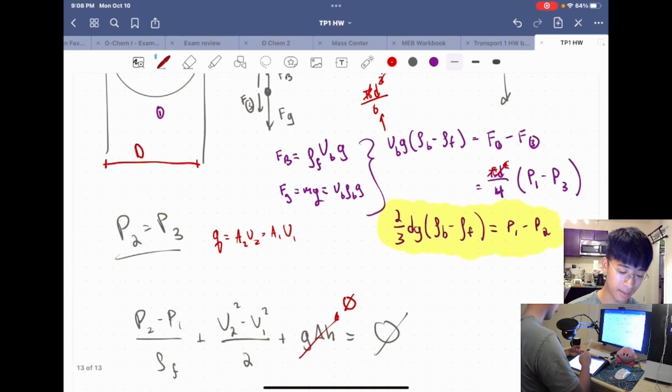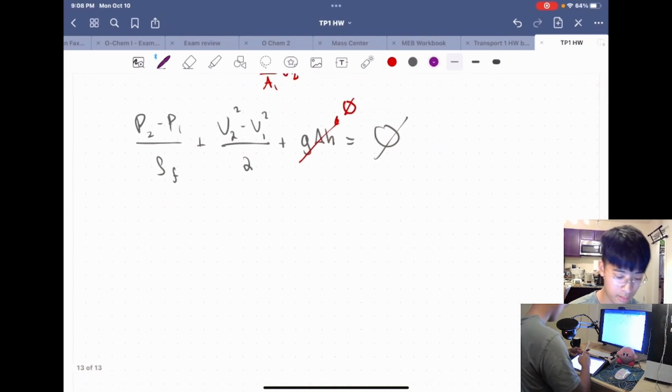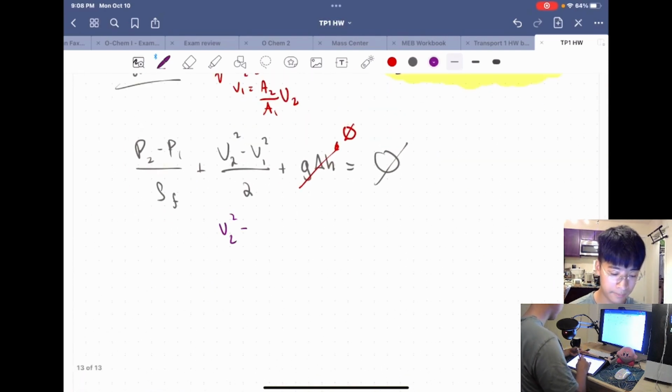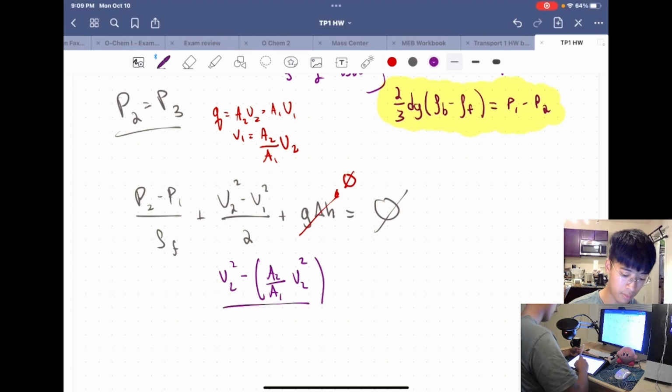So V1 is equal to A2 over A1 times V2. Let's plug that in. We then have V2 squared minus A2 over A1 V2, squared, all over 2.